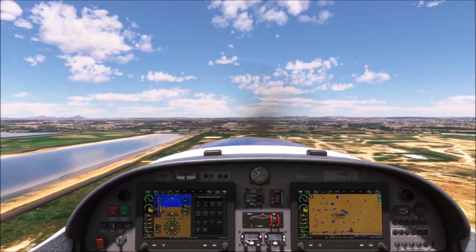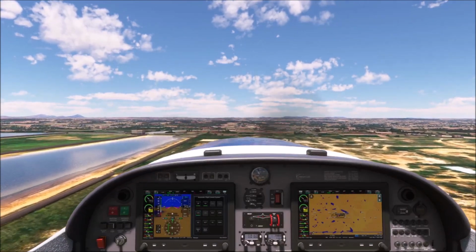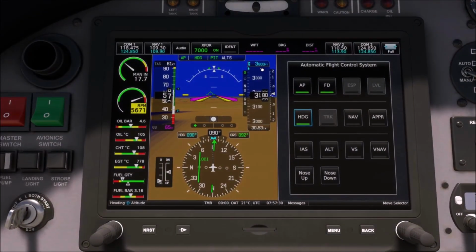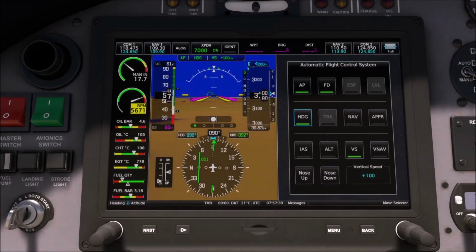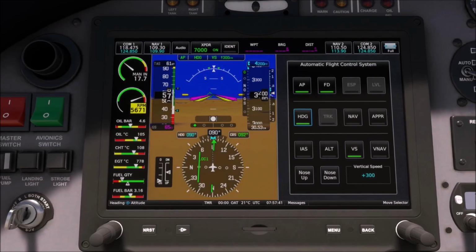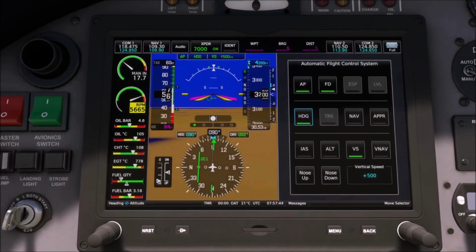Let us have a few arrangements on our autopilot. We see we have an altitude of 3,800 feet. I can as well go to 4,200 feet. I set the rate of ascent of 500 feet.